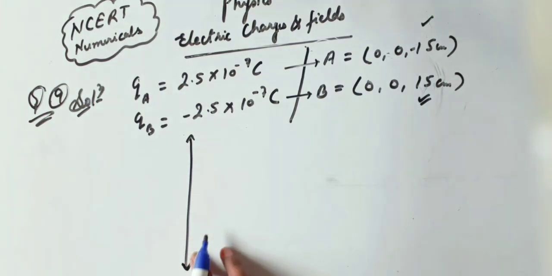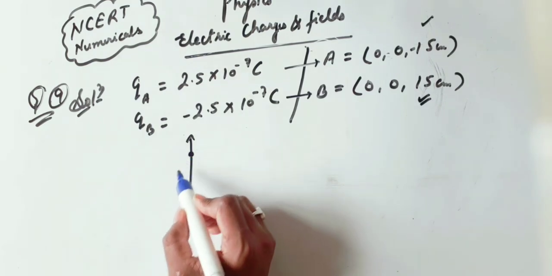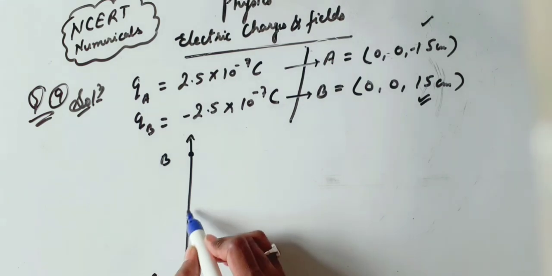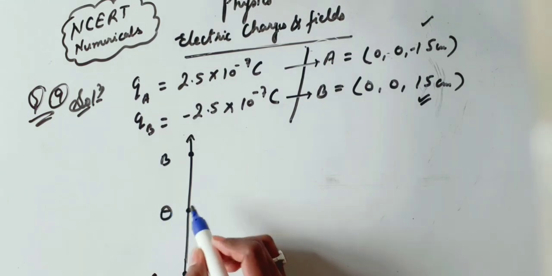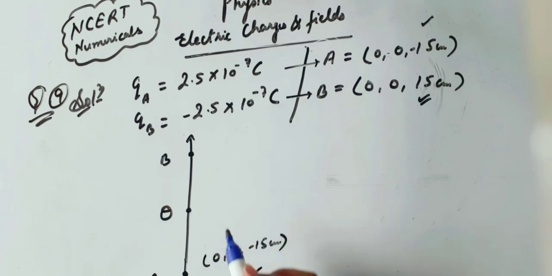Let us suppose this is the z-axis, and this point is point B, this point is point A, and this is the origin. So one charge is placed at A, the value of which is 2.5 × 10^-7 coulomb, and the position of this charge is 0, 0, minus 15 centimeter.